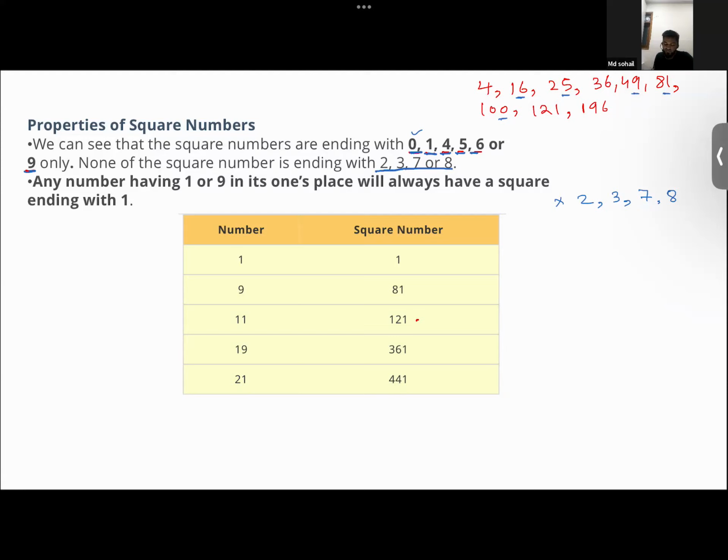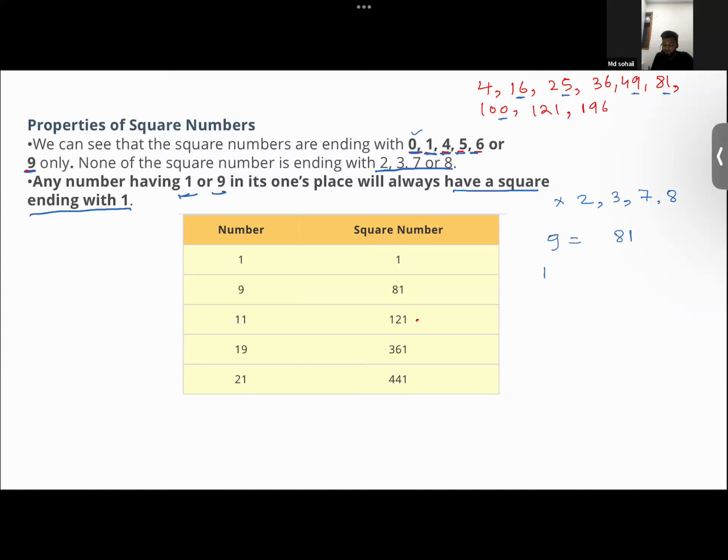Now see, any number whose ones digit is either 1 or 9 will always have a square ending with 1. Let's say 9. What is the square of 9? 81.